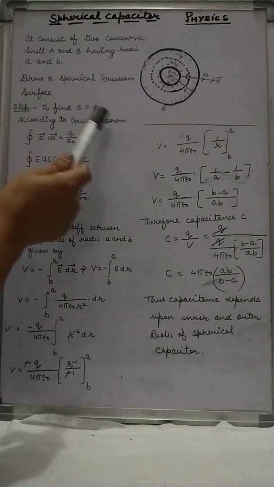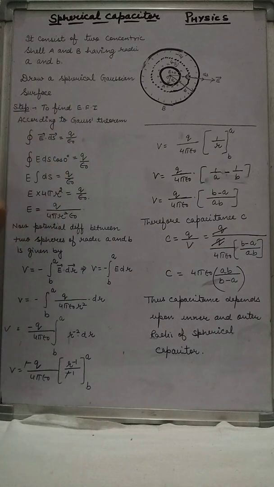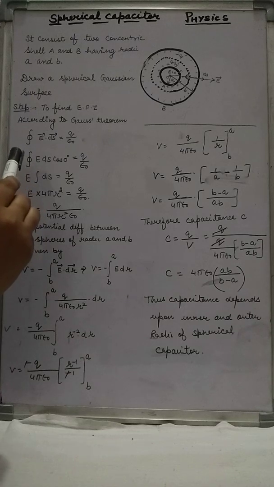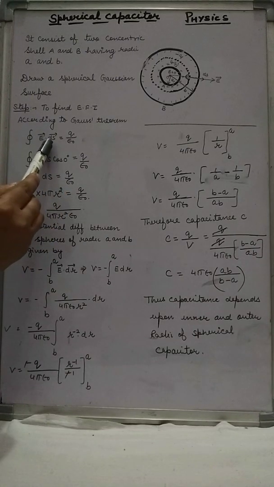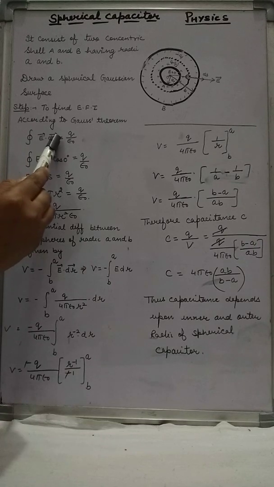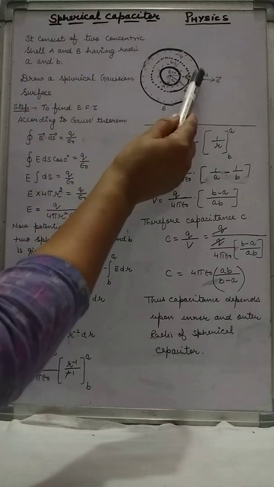So in the first step we will calculate the electric field intensity. To calculate electric field intensity, here we have to apply Gauss theorem. So what is Gauss theorem? That is closed integral of E dot ds. What is ds?